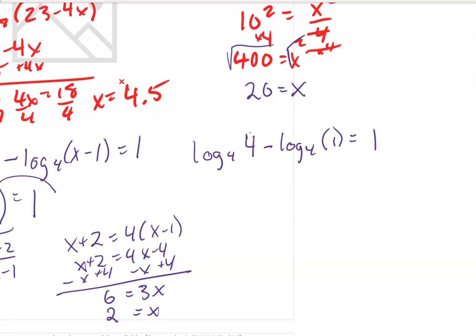Well, log base 4 of 4 means 4 to what power equals 4? The answer is 1. Log base 4 of 1 means 4 to what power equals 1? The answer is 4 to the 0 power equals 1. Didn't even do change base in the calculator to figure that one out.